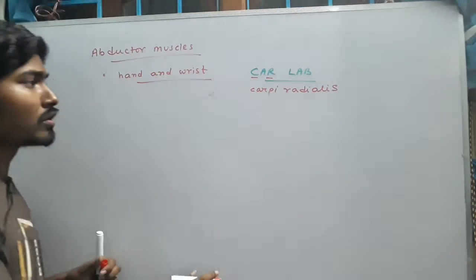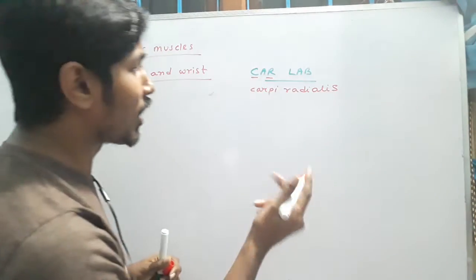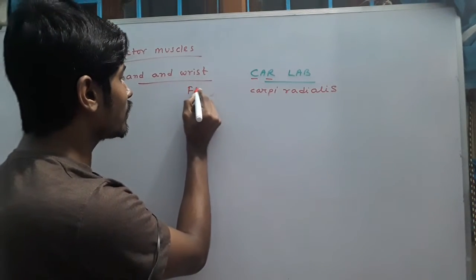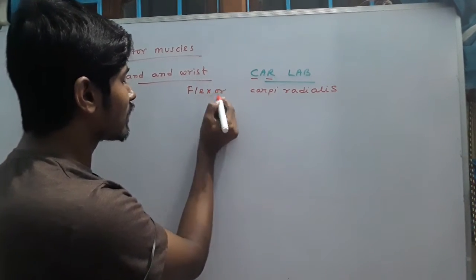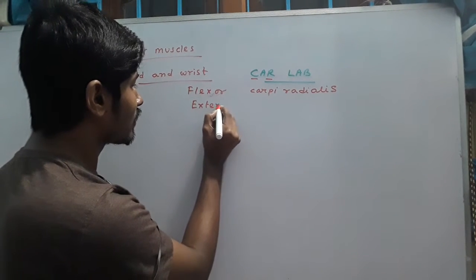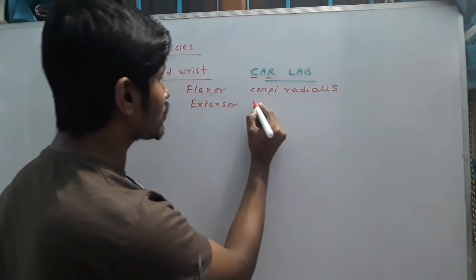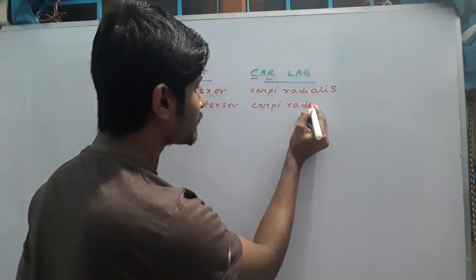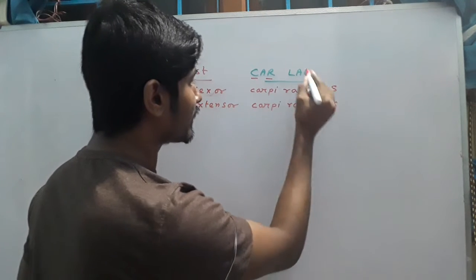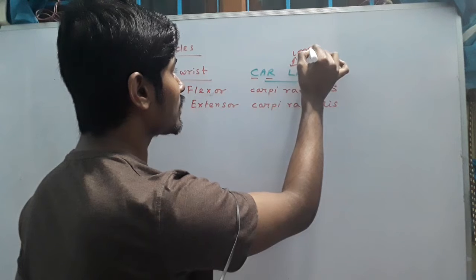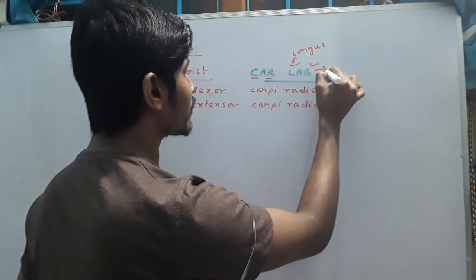okay? Now carpi radialis are of two types. One is flexor and the other is extensor. So I will say extensor carpi radialis, and then you have L and B. L for longus, and B for brevis.